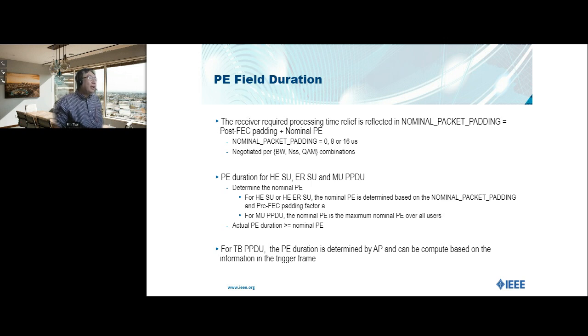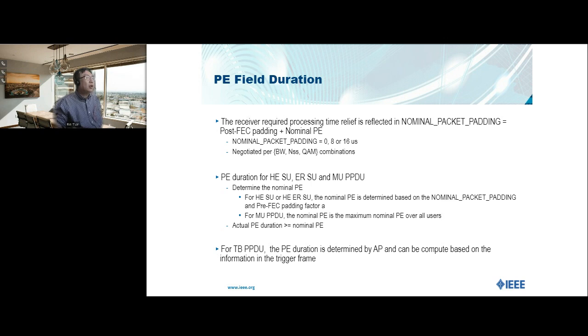Nominal PE is negotiated between the transmitter and receiver, telling me how much relief time I need, okay, you would tell me, then the transmitter will look at the nominal processing time, look at how much pre-FEC padding, then determine what the PE will be. PE will be the minimum needed.